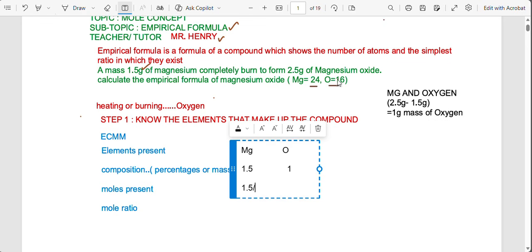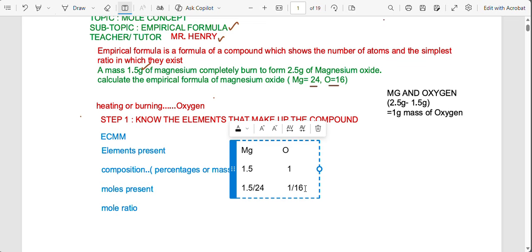Once you reach there, you divide by the mass number given to you in brackets. They told us magnesium here is 24. So you come here and say 1.5 divided by 24. That is its mass number.